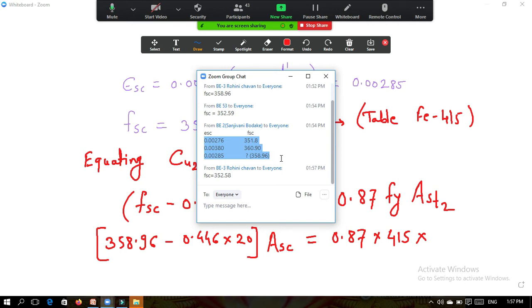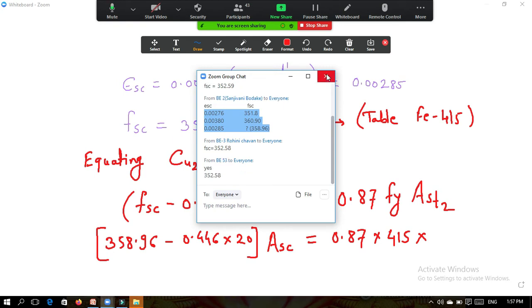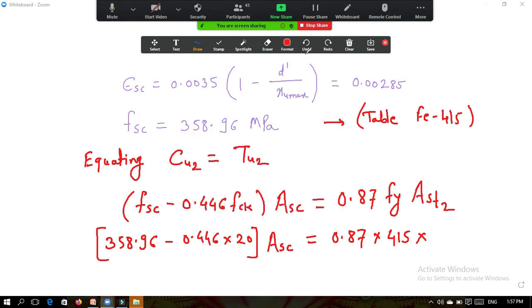No, you only told me now it is 358.96. Which is the correct answer, 358 or 352? 352.58 is the correct answer. Okay, so here we need to make the corrections. Please do the calculations correctly.